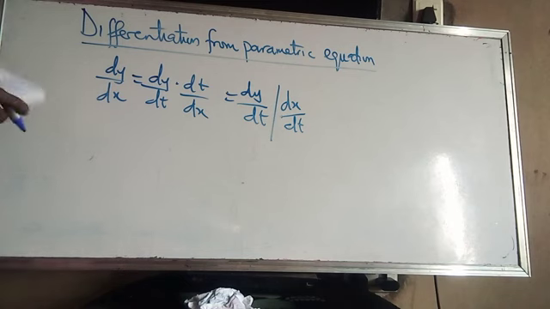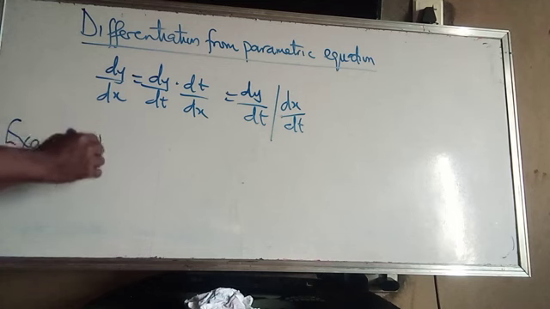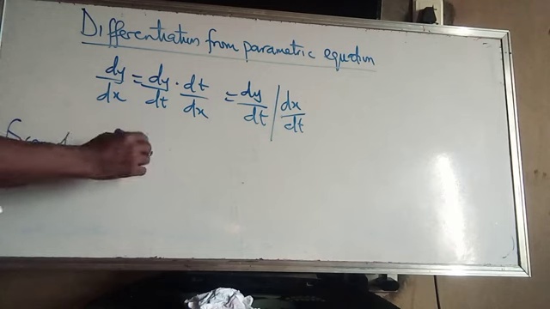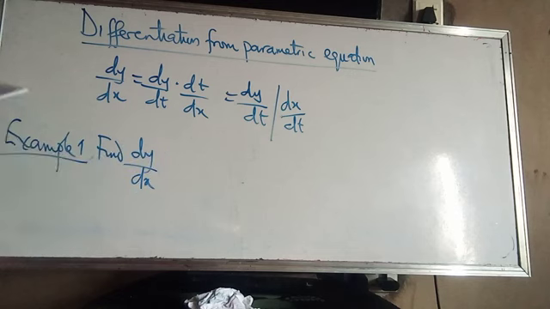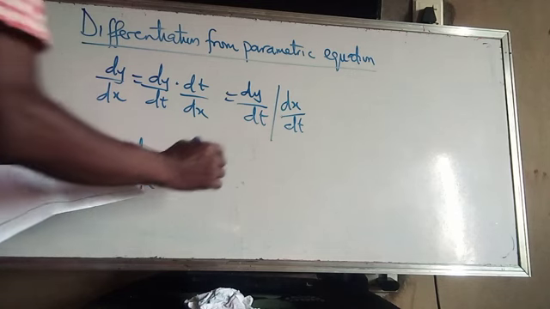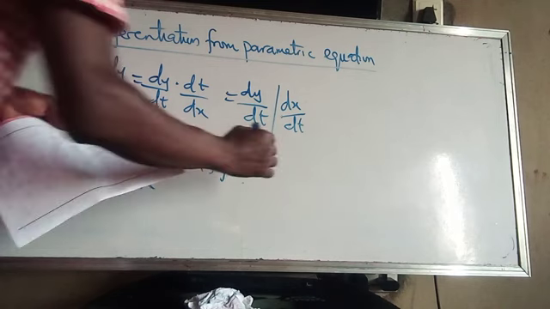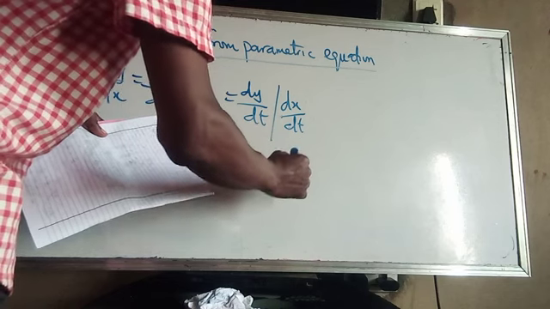Now, let's look at an example to illustrate our explanation clearly. Example 1: find dy/dx when 1, y is equal to t squared and x is equal to 1 over t.